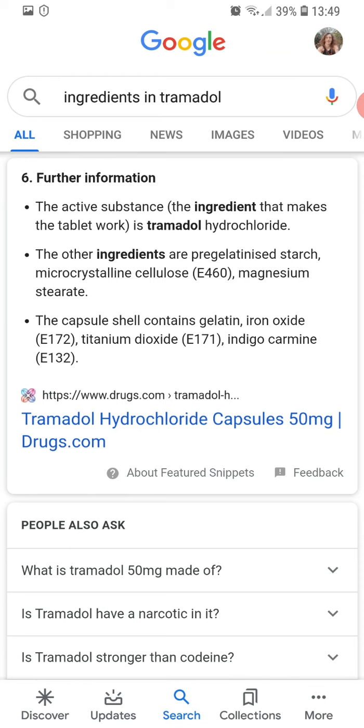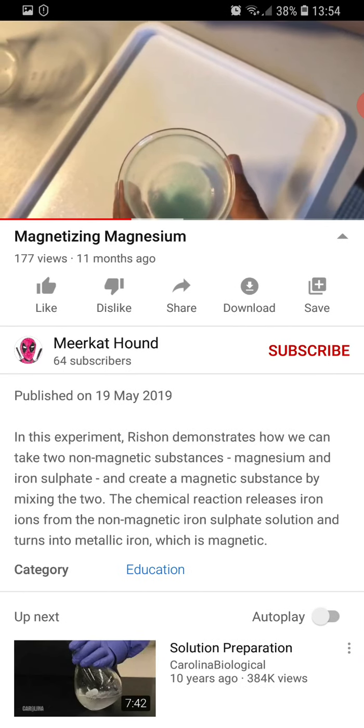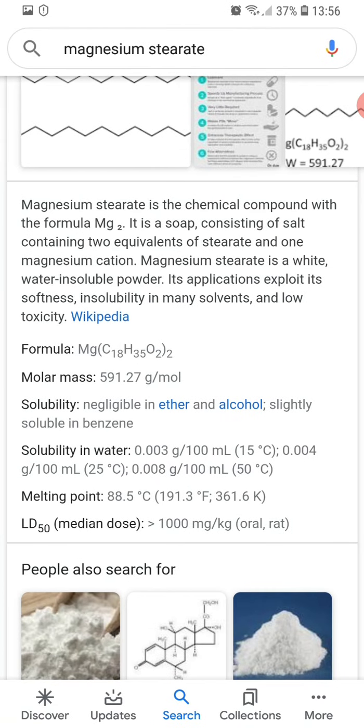Then you've got tramadol and titanium dioxide. I'll take you through these because then I can show you the amino acid transmitters and how they're blocking them.